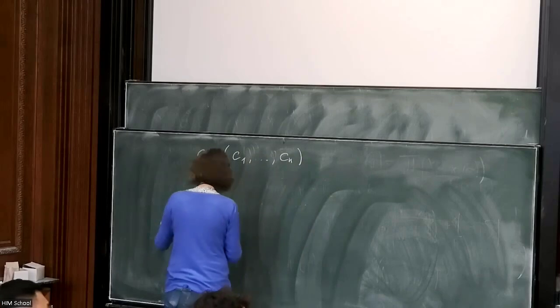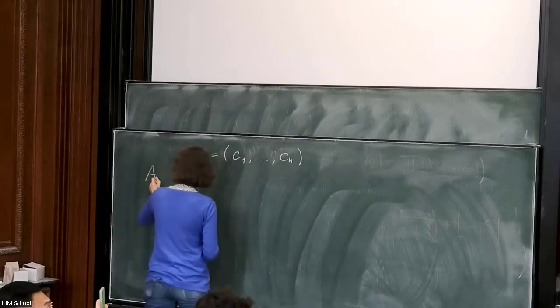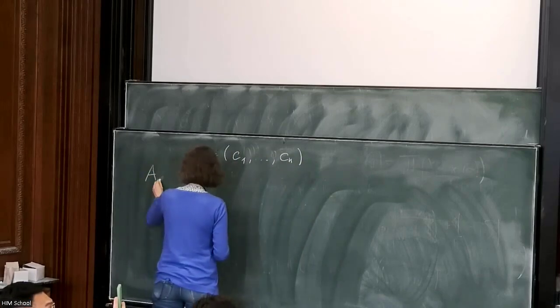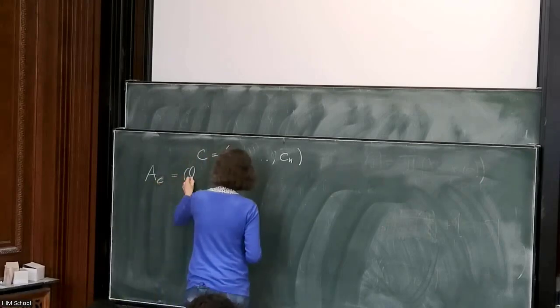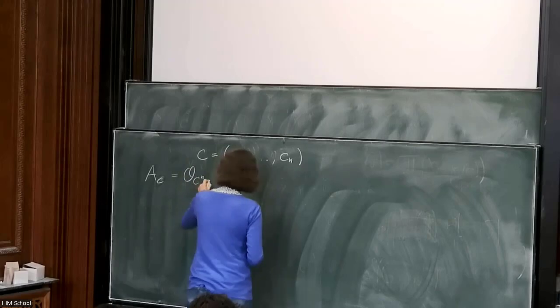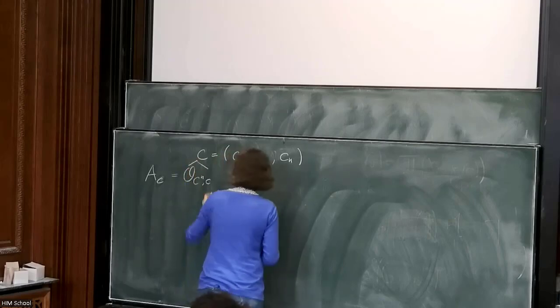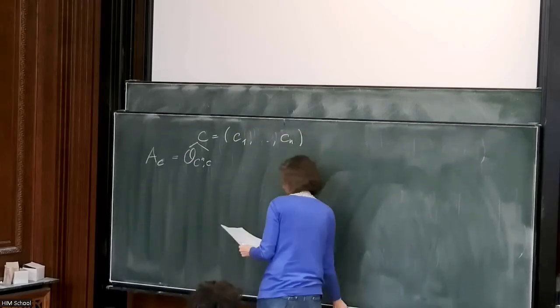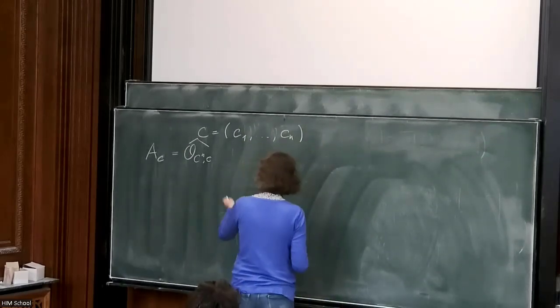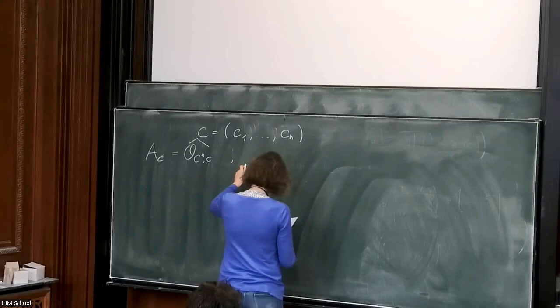And as some notation, I denote by A sub little c the completion of C to the n in this point C, 1 to Cn of C to the n. So what is this?